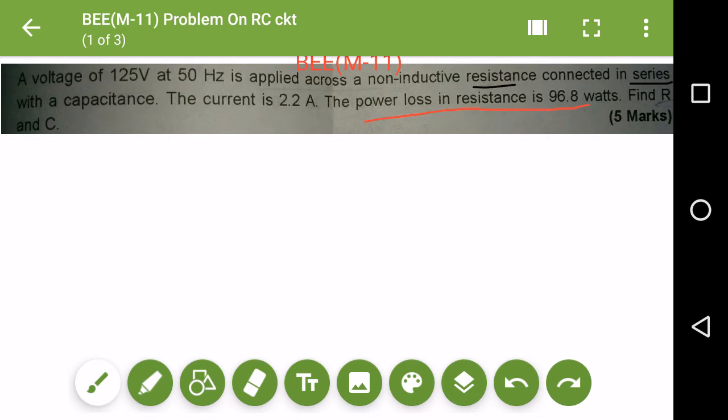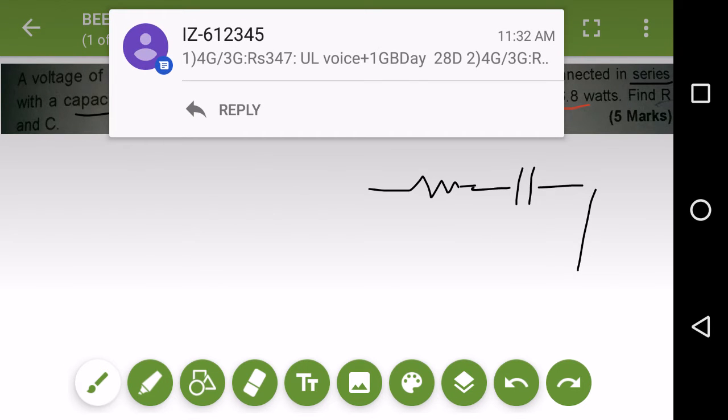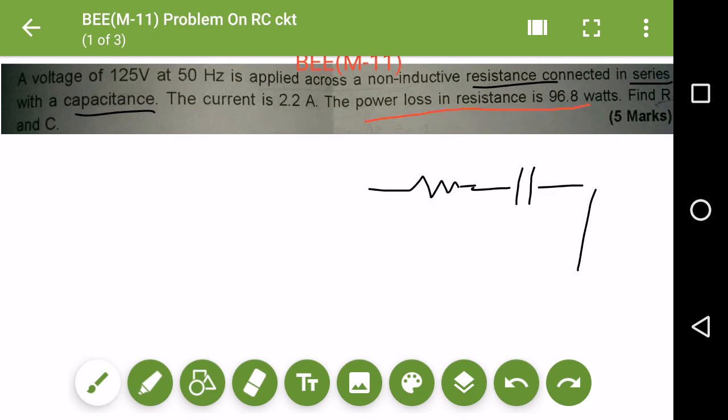This is my resistance R and this is my capacitance C, and the whole circuit is provided with a total voltage V. So this is my circuit as per the problem.